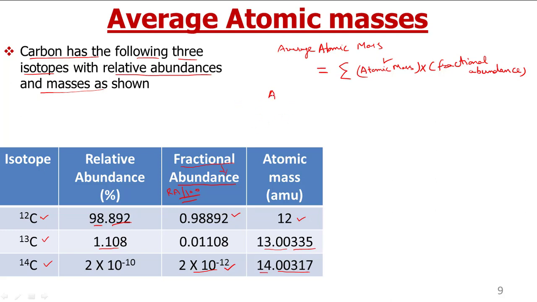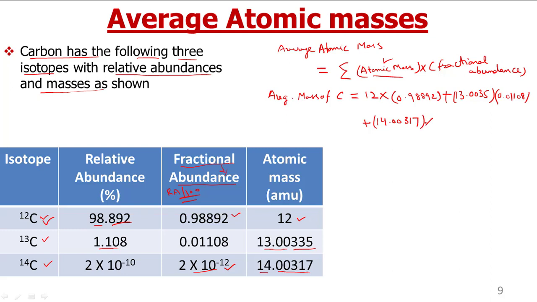So we can say the average mass of carbon is equal to the atomic mass of the first isotope, 12, multiplied by its fractional abundance, 0.98892, plus the second isotope, whose mass is 13.00335, multiplied by its fractional abundance, 0.01108, plus the third isotope, whose atomic mass is 14.00317 into 2 into 10 raised to power minus 12.